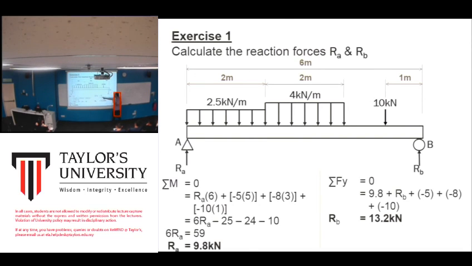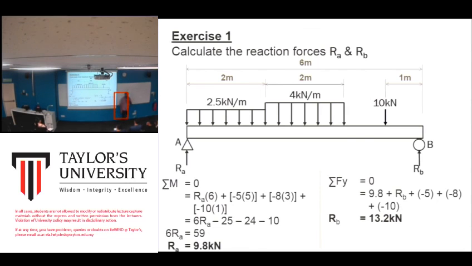RA, we know the value, 9.8. Plus RB, we don't know. Plus negative 5 kilonewton, plus negative 8, because it is going down. Okay, solve the equation, another one, negative 10. You add it together, solve the equation, you will get 13.2 kilonewton.